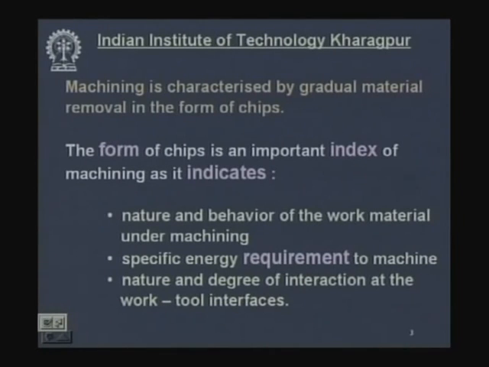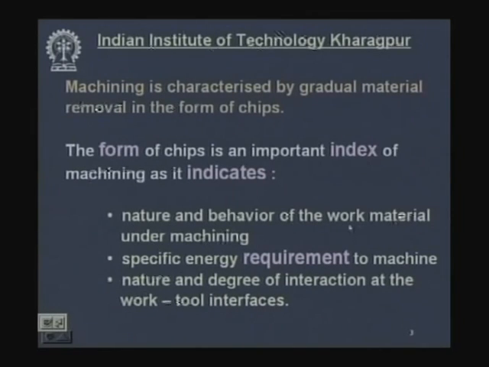The form of the chips produced during machining is an important index of machining. Index of machining means that from the chip configuration and color one can understand qualitatively whether the machining ongoing is favorable or not, because the chip form indicates, directly and indirectly, the nature and behavior of the work material under machining.